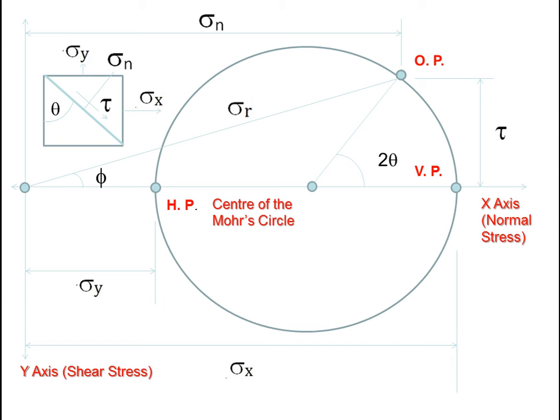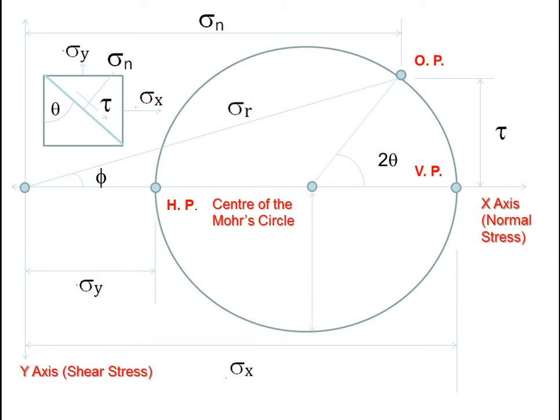Here we have to remember that this angle is absolute, no need to divide by 2, because we can measure it directly. Except this angle, all the angles will be divided by 2 if you want to take the value from the Mohr circle and represent it in the question block.